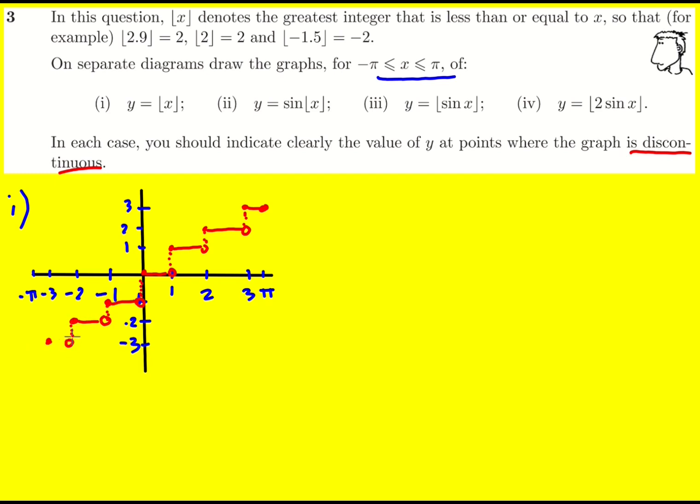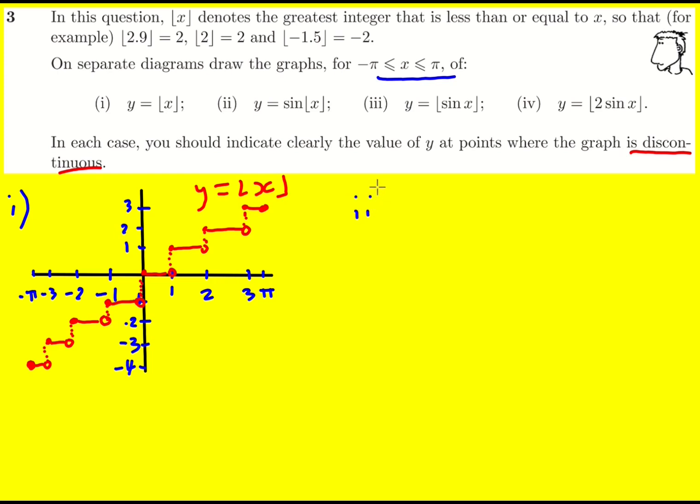And the same here. Then, in this case, when we go slightly less than minus 3, actually, it's going to jump to minus 4. Hit pi there. And that is our answer to part 1. That is y equals the floor function of x.